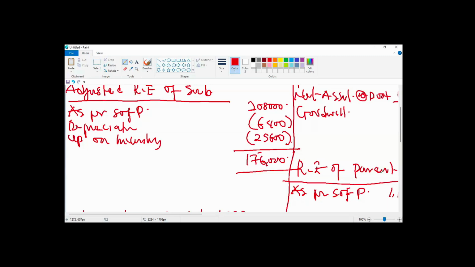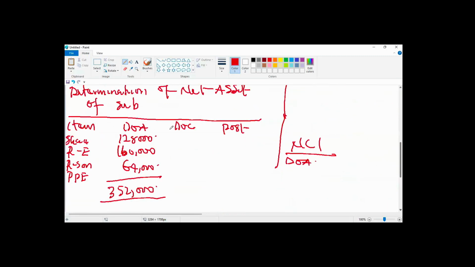We'll now take it to the post acquisition retained earnings. The share is 128. 176,000 minus 160,000 is 16,000. So what is the net asset at DOC?